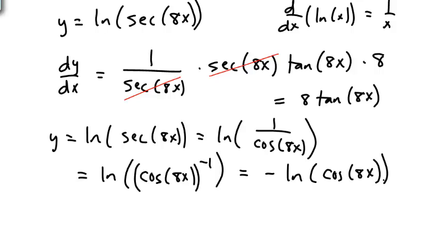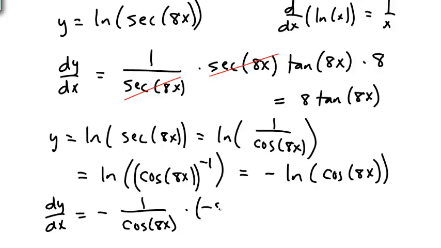And with another parenthesis, the derivative of that, dy dx, is, the negative is just a coefficient. It's really negative 1 multiplied. Derivative of natural log of something is 1 over the something, cosine of 8x, times the derivative of that something. The derivative of cosine, as we've said earlier, is negative sine of the something, times the derivative of the something.